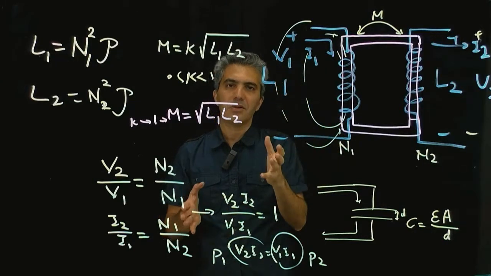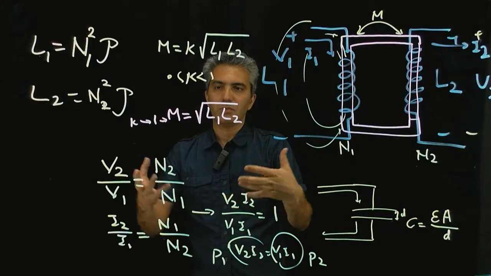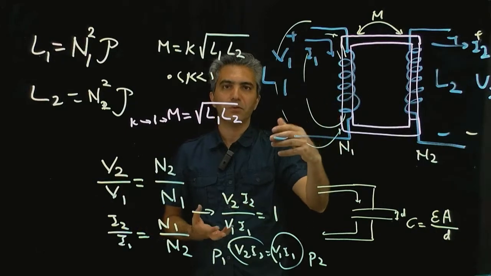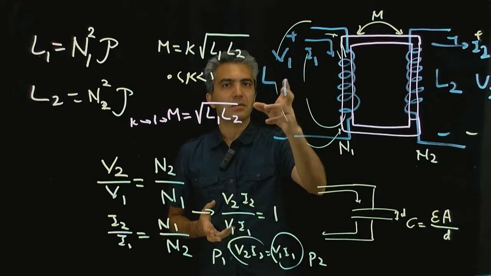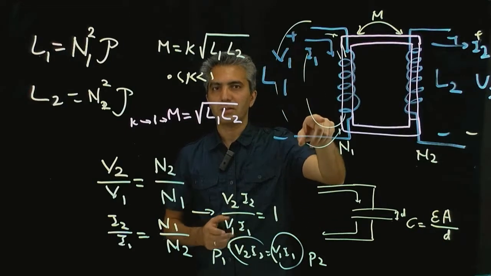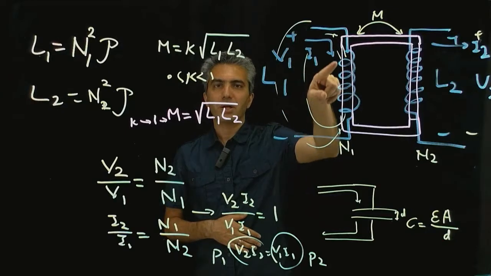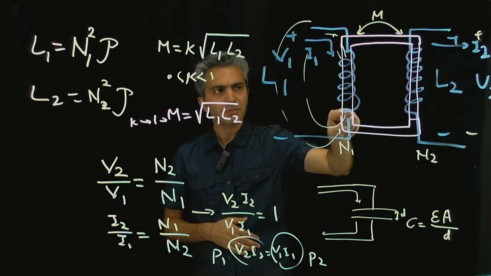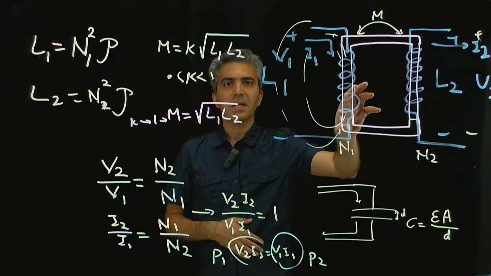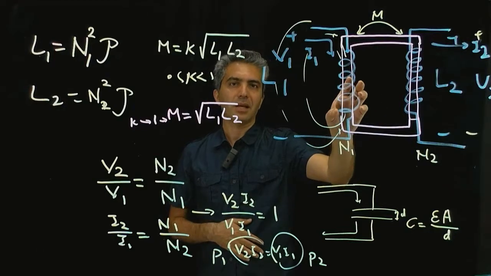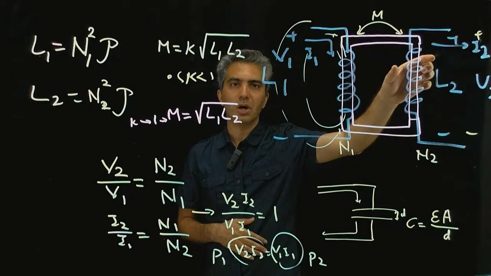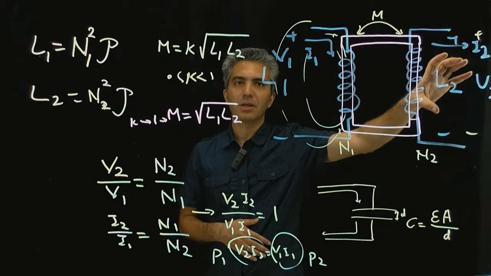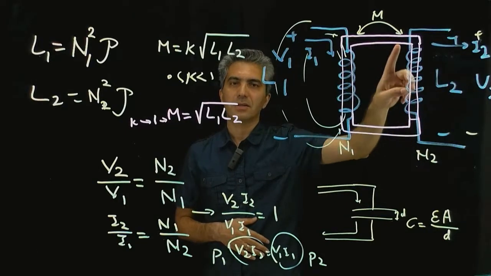To quickly tell you what stops us from using this for voltages and currents that are not alternating, let's consider the case that we have a constant current and a constant voltage. If you apply a constant current or voltage here, you are going to get a magnetic field, but that is a static magnetic field, and it is going to pass through the other inductance. But you would not get any voltage associated with a constant magnetic field.